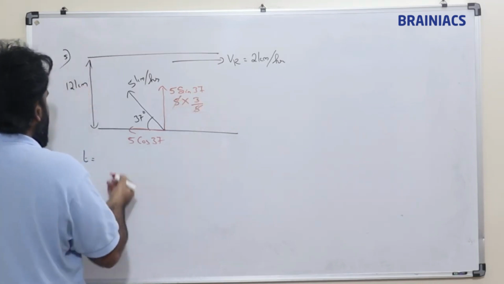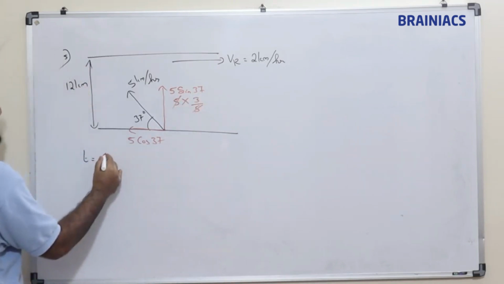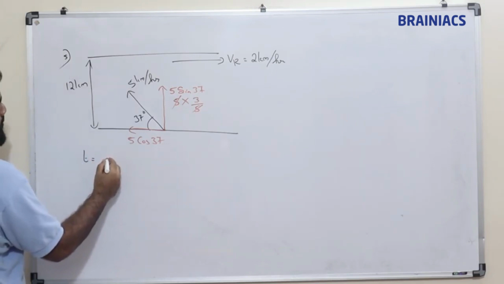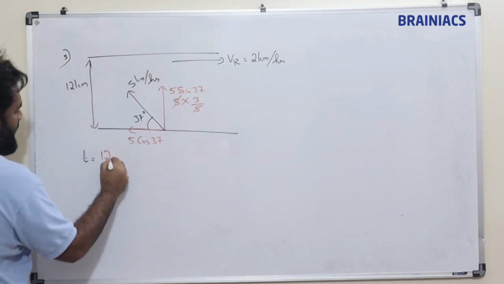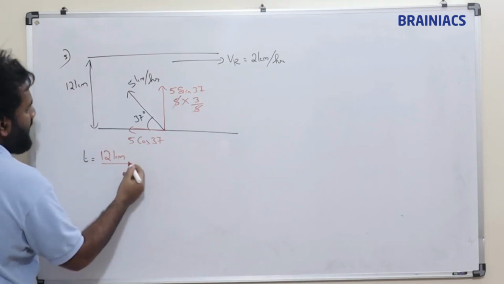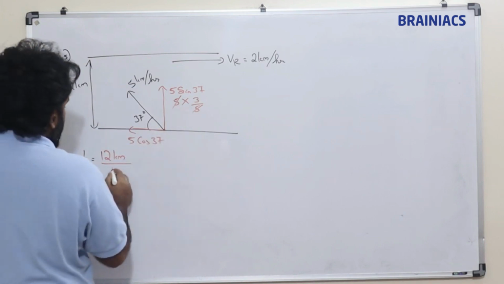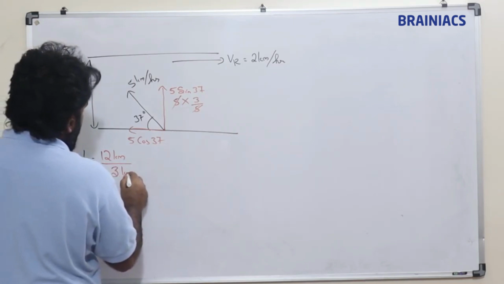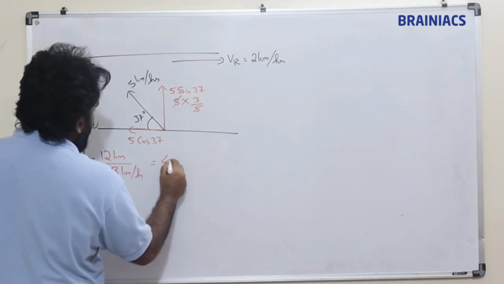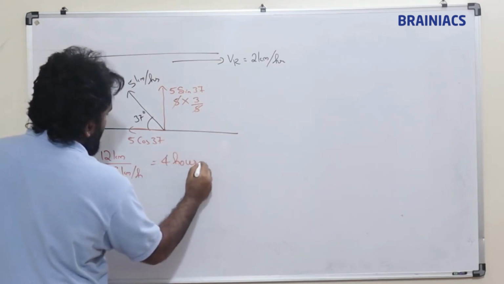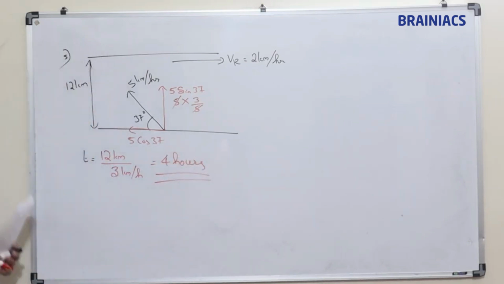So this is going to be 3. So what is time? Time is going to be distance, 12 km, divided by 3 km/h. We will be getting 4 hours. 4 hours is the time taken to cross the river.